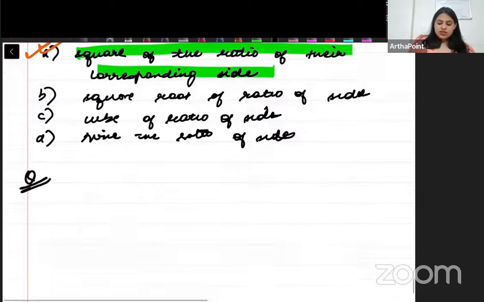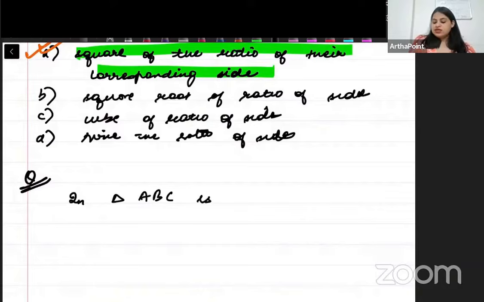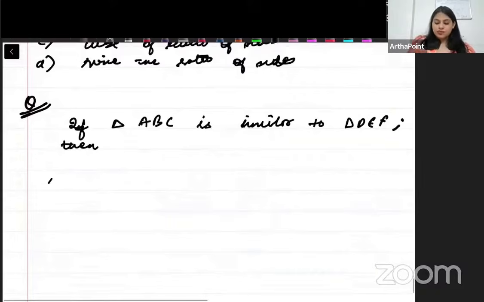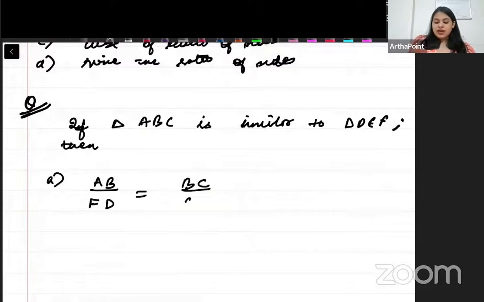So now I am saying that if triangle ABC is similar to triangle DEF, then which of the following holds true? A. AB by FD is equal to BC by EF is equal to CA by DE.